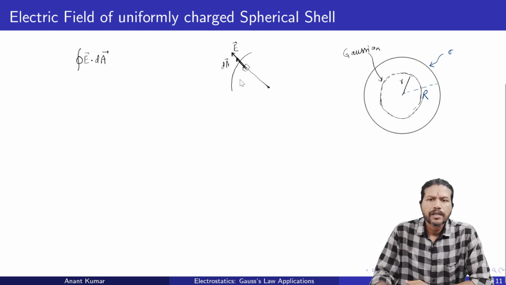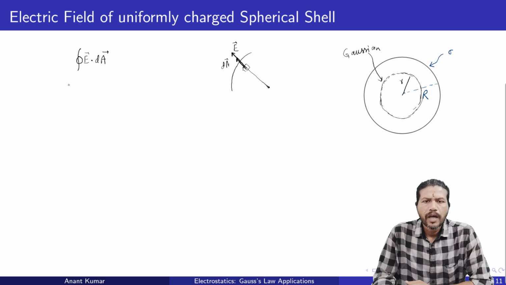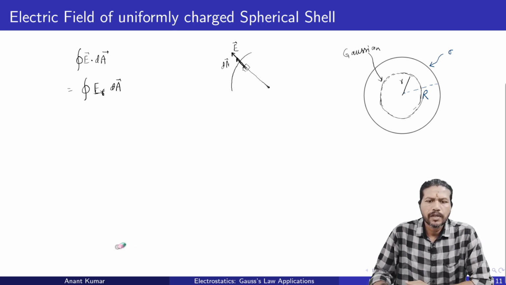But in any case, I could always write E dot dA as the integral of the radial field times dA, because the angle between the two vectors is either 0 degrees or 180 degrees. So I'm going to take it as E_r, the radial component of the electric field. If the field is pointing outward, I take it to be a positive E_r. If it's inward, it's a negative E_r.